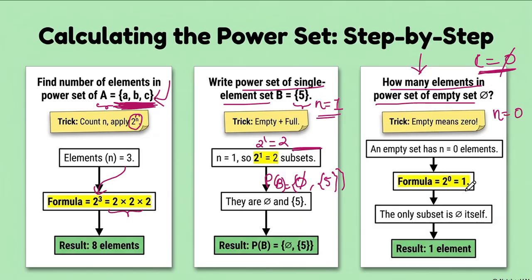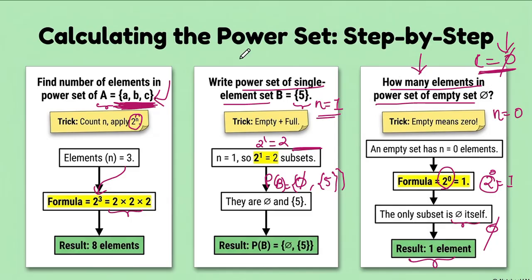If you apply the formula, it becomes 2 to the power 0. 2 raised to 0 is nothing but 1. Any non-zero number raised to 0 is 1. So the power set cannot have 0 elements anyway. In the power set, a minimum of one element must be there, and that is the empty set itself. So the power set always has at least one element, even if the set is empty.